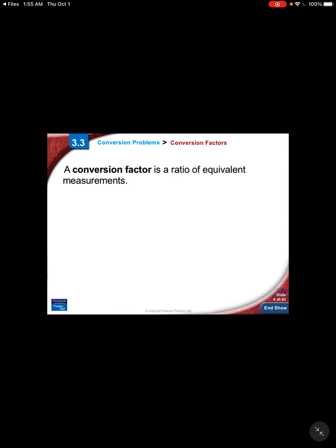You're expressing two values in a fractional expression where one is over the other, and it doesn't matter how you flip the numerator and the denominator, except for the fact that when you're trying to do a conversion, we want to end up with a particular unit in our final answer. And I'll show you what that means real fast.